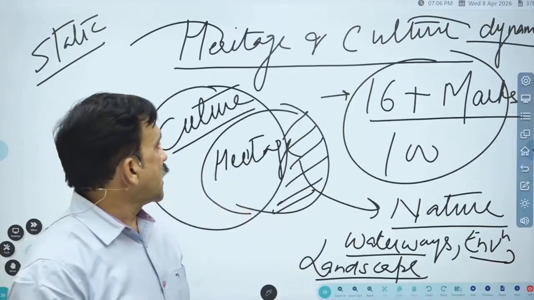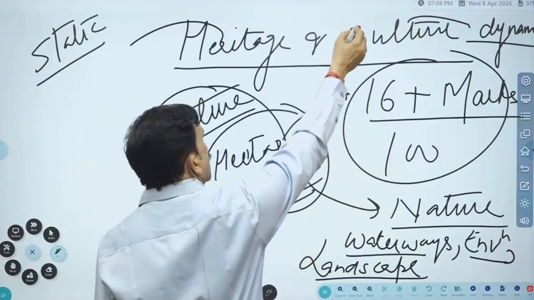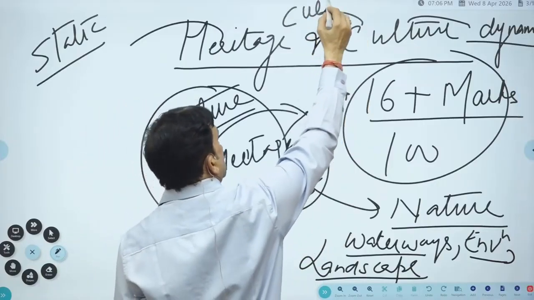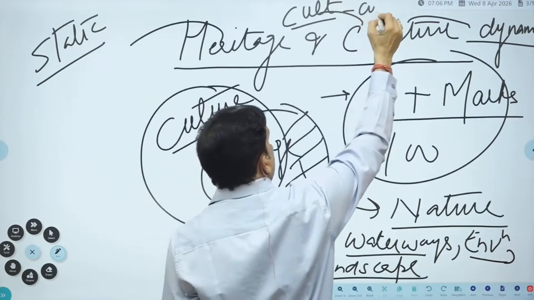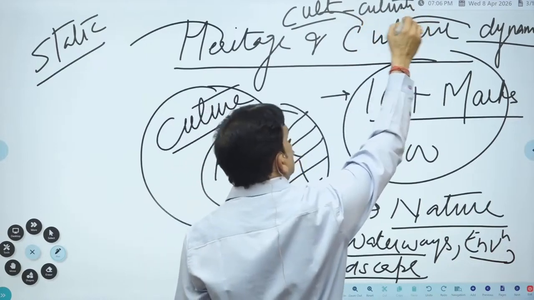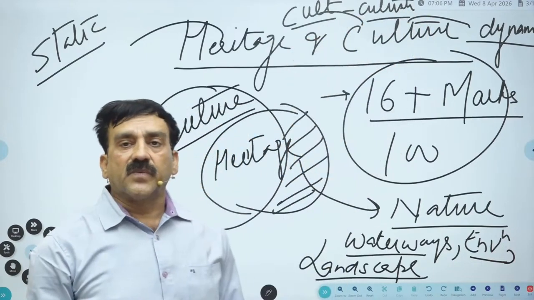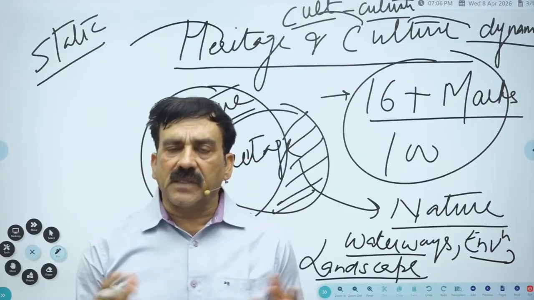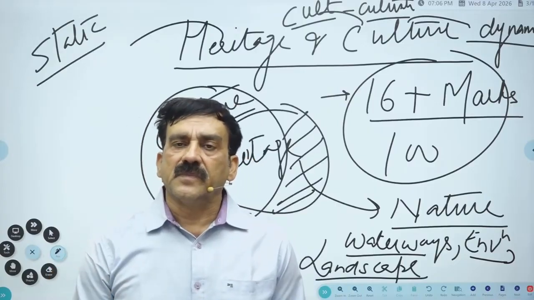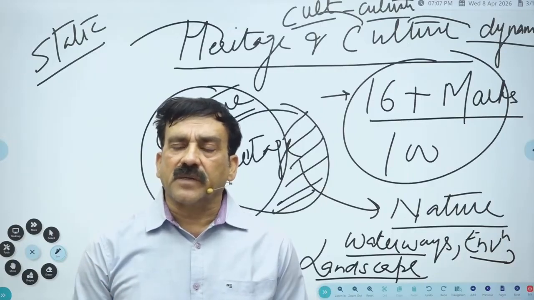The word culture has evolved from a Latin word cult, which means cultivate. Even in Hindi we call it Sanskriti. Kriti means what you are cultivating.